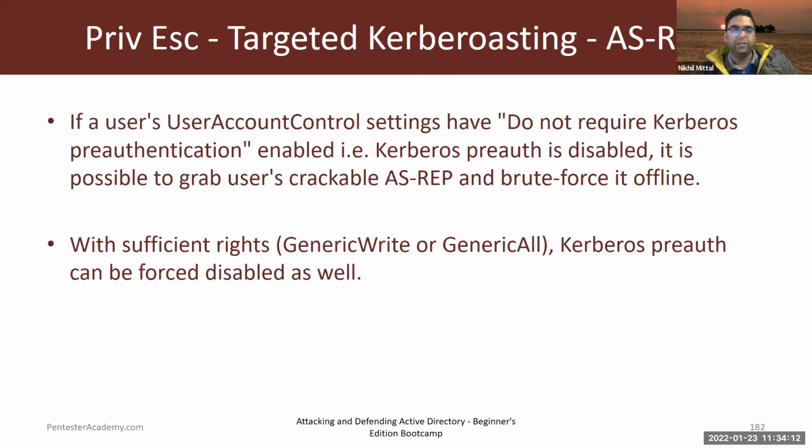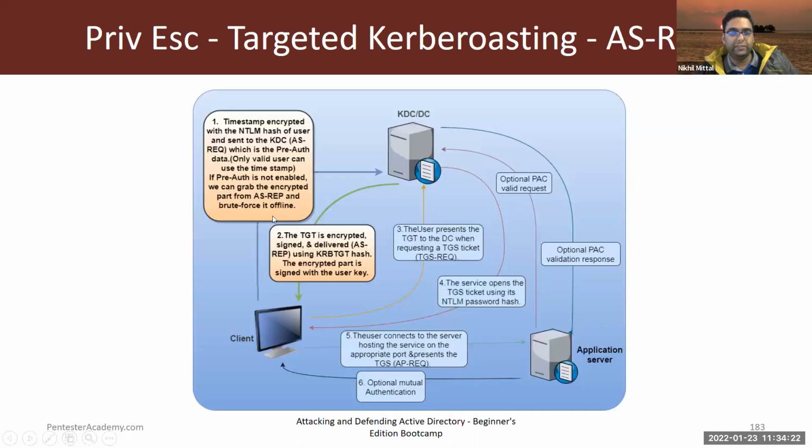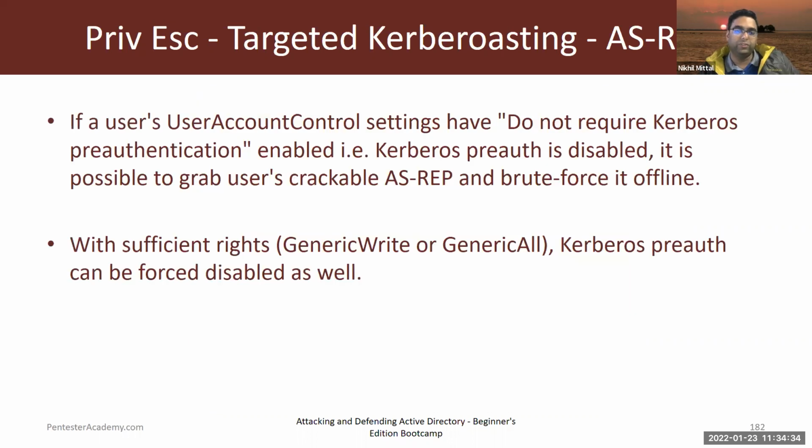That means that we can make a request on behalf of that user from the DC, and the DC would respond with an AS-REP message that would have a part encrypted using the user's password. So it would be possible for us to brute force that offline and get that password.